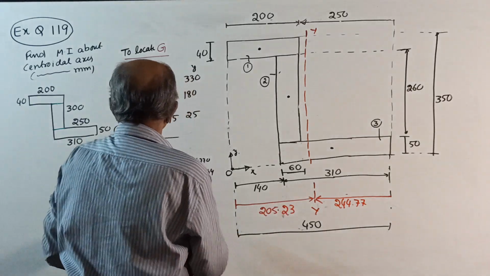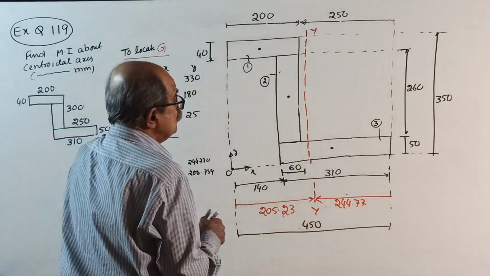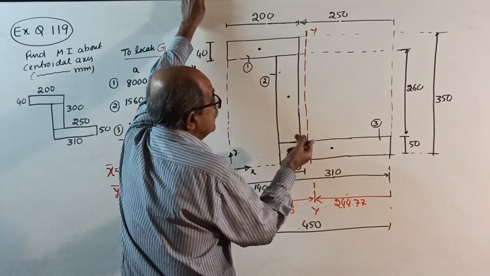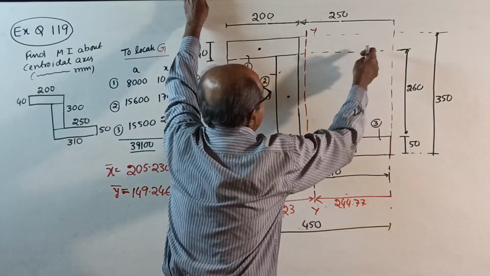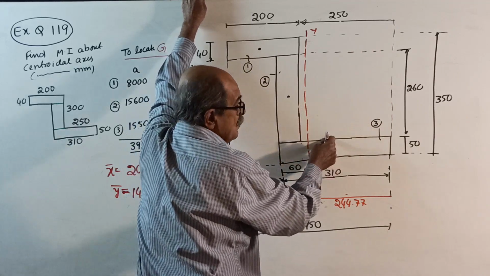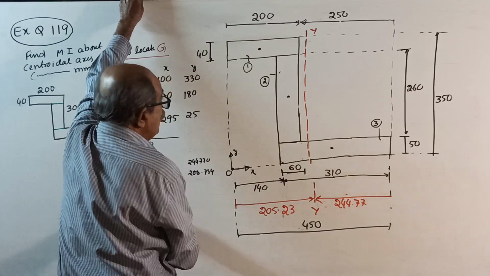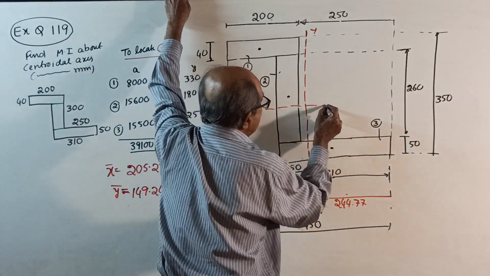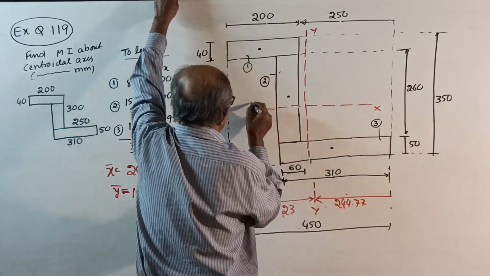Okay, y bar. How much? 149.246. See here, from here to here is 50. Furthermore, this is 260, 260 half is 130. 130 plus 50 is 190. How much you got? 149. So it will be somewhere here. X-axis.